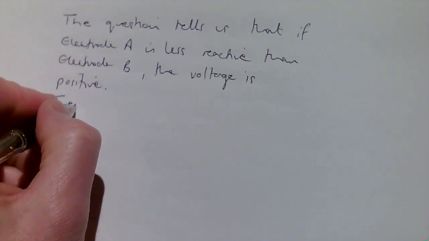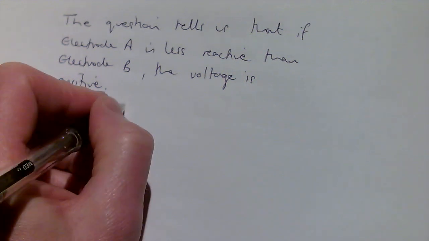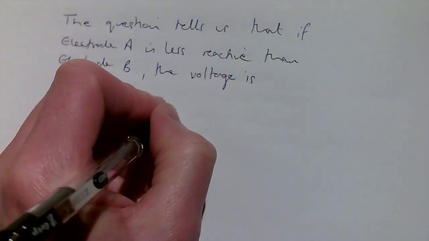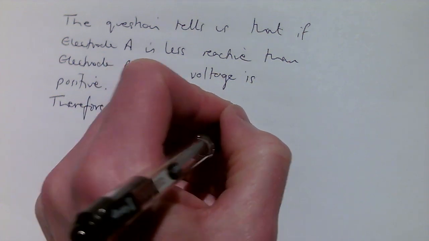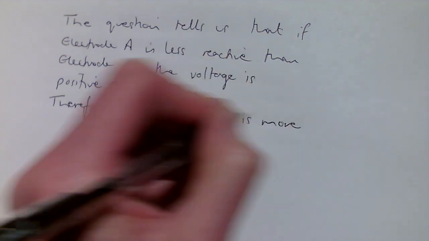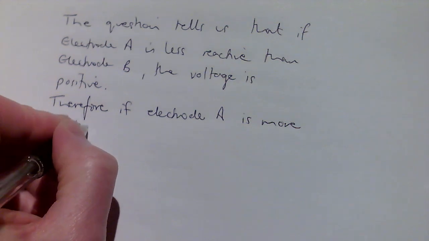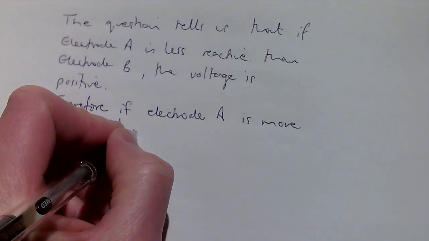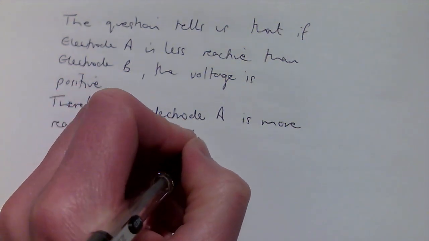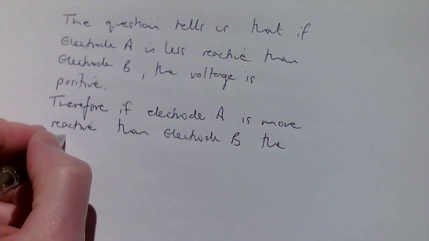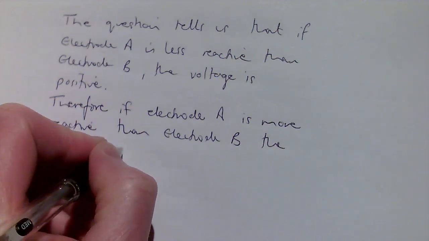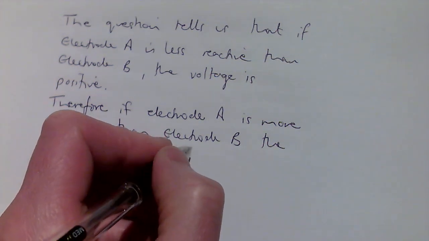Therefore, if electrode A is more reactive than electrode B, the voltage must be negative.